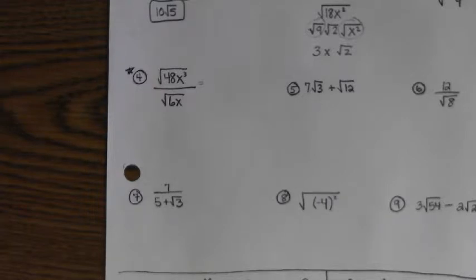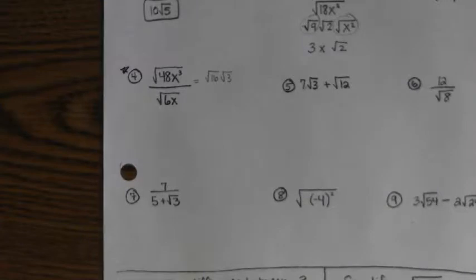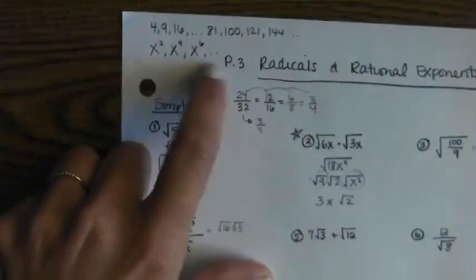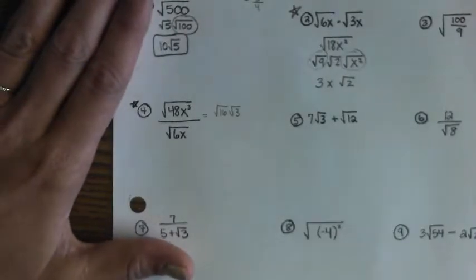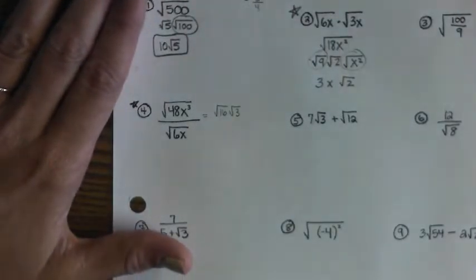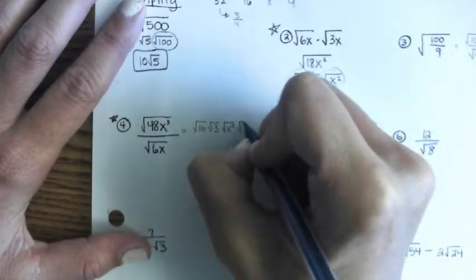Root 16, root 3, good. How would we break down x cubed, since x cubed is not on our list? It's not something we can take the square root of. Yep. Right, root x squared, root x.